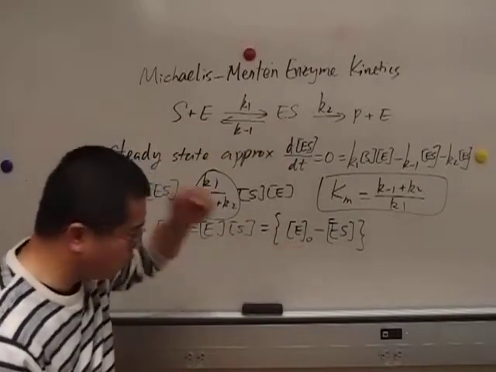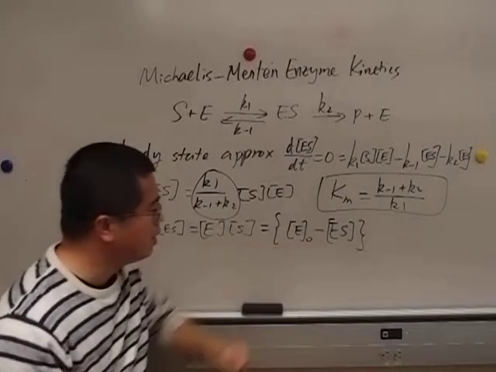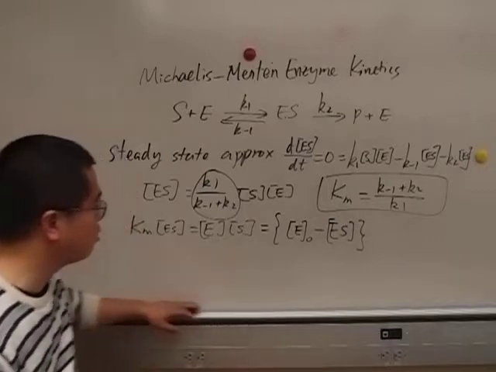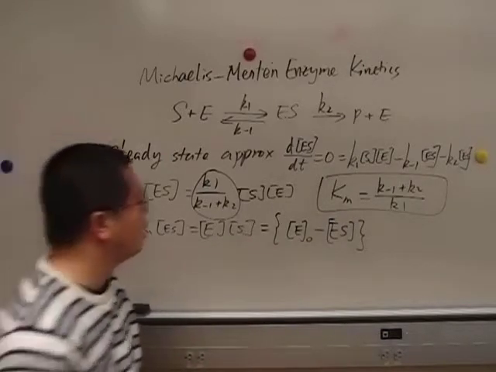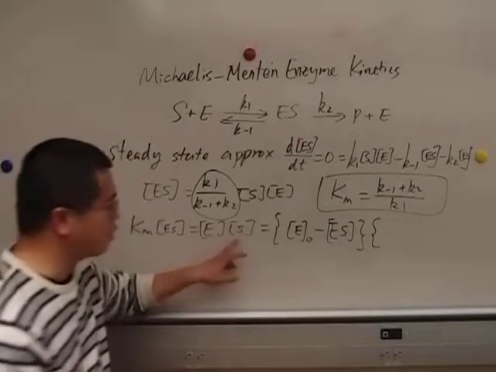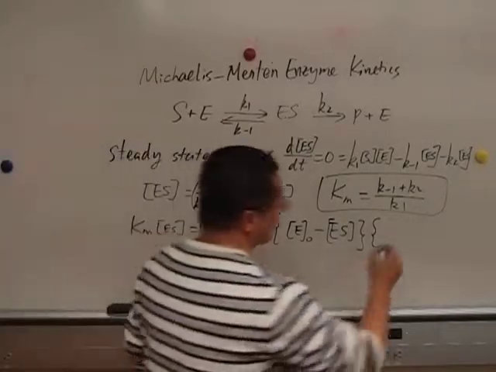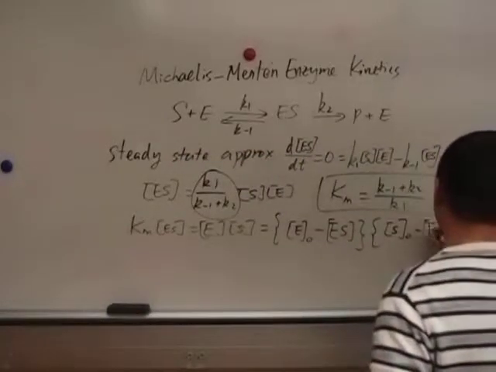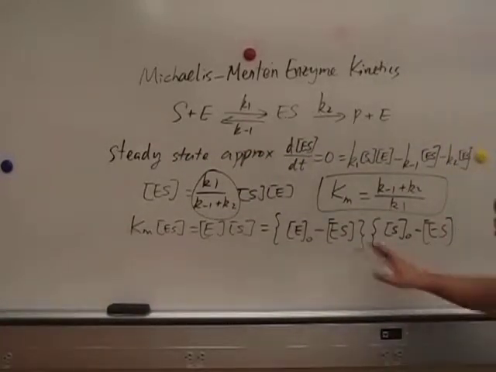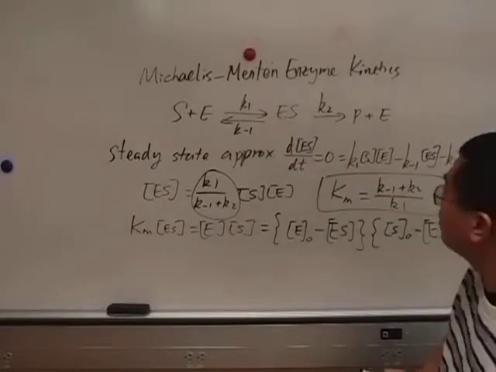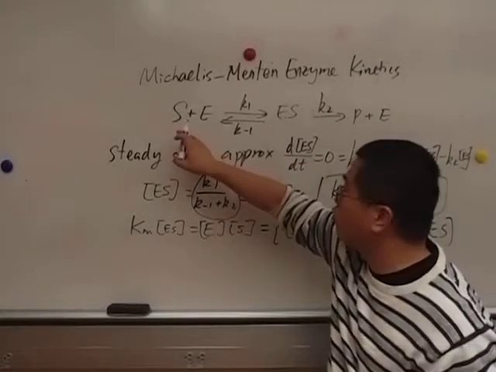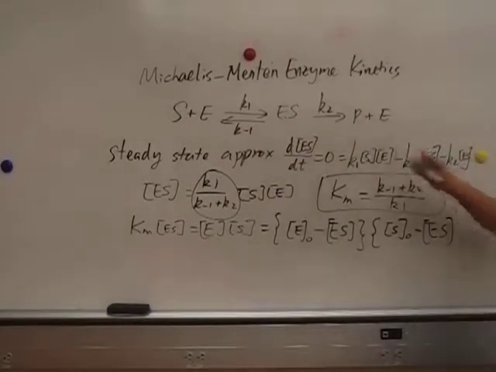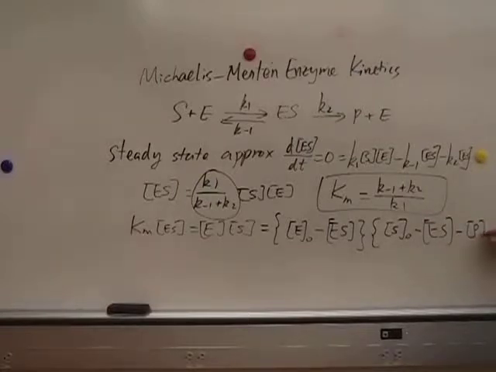So the initial concentration of enzyme minus the concentration of ES will give you the actual concentration of the enzyme at time t. And then the concentration of the substrate at time t is the initial concentration of the substrate minus ES, because once the reaction starts, this S can be in the form of just itself, in the complex, or converted to P. So we'll have to do this minus P as well.